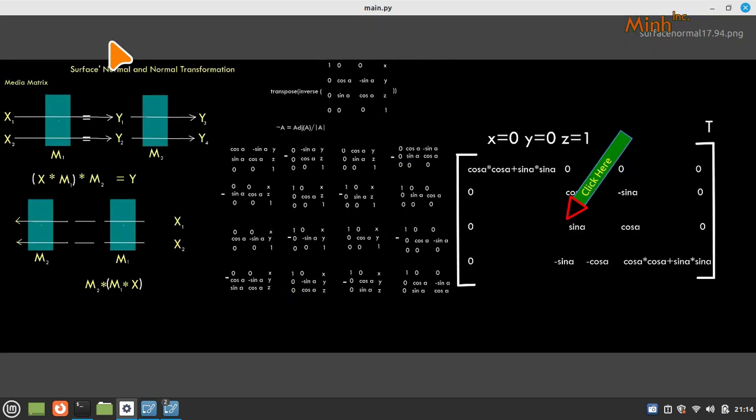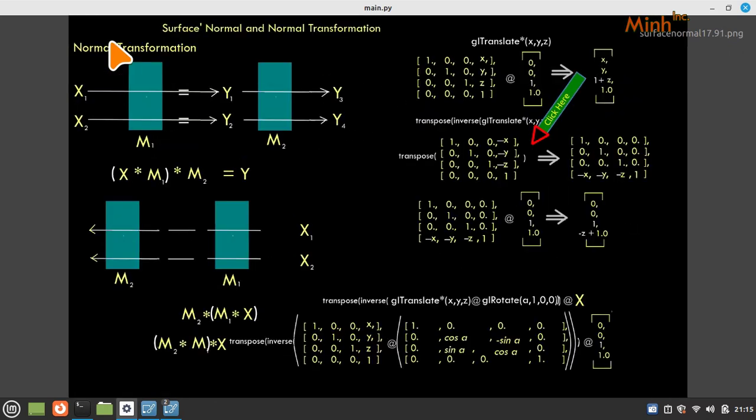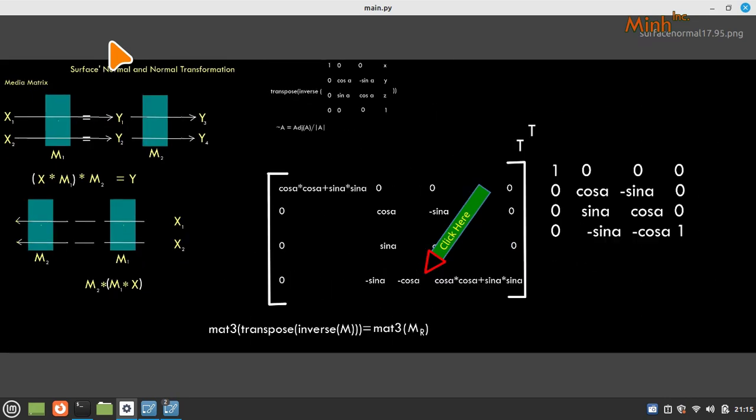But if translation and rotation both are there, then this is the new matrix. If translation and rotation are two matrices, their transpose and inverse comes to this matrix.